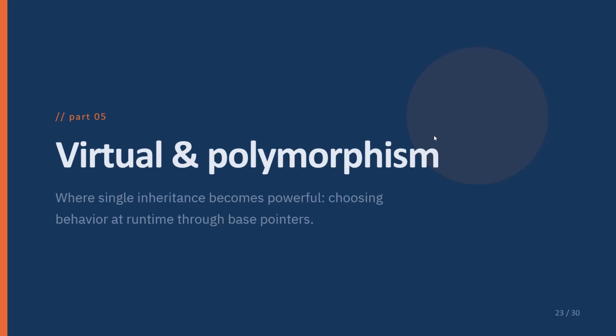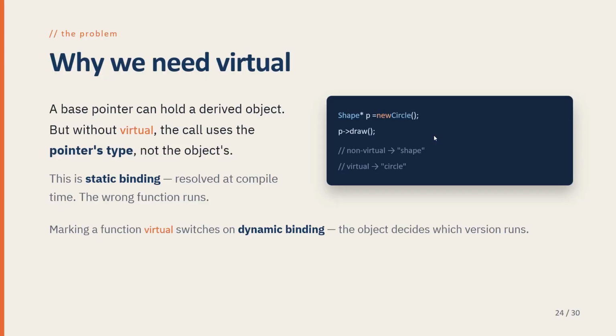So next, it's about virtual functions and polymorphism. Now we come across one of the most powerful applications of inheritance, that's runtime polymorphism. Consider a base class pointer Shape* p, and suppose it points to a Circle object. If the draw function in Shape is not virtual, the function selection is based on the pointer type.